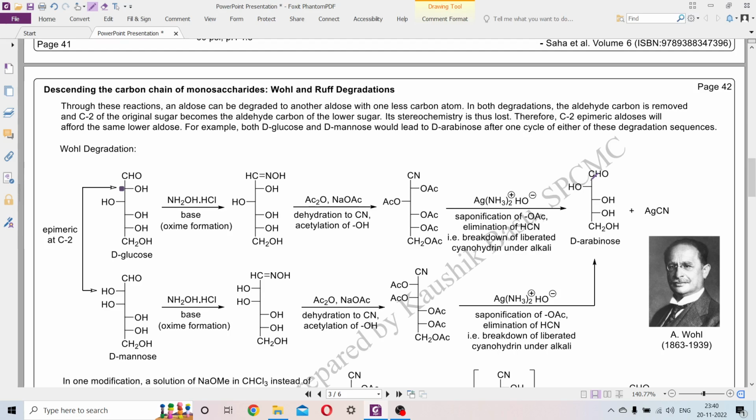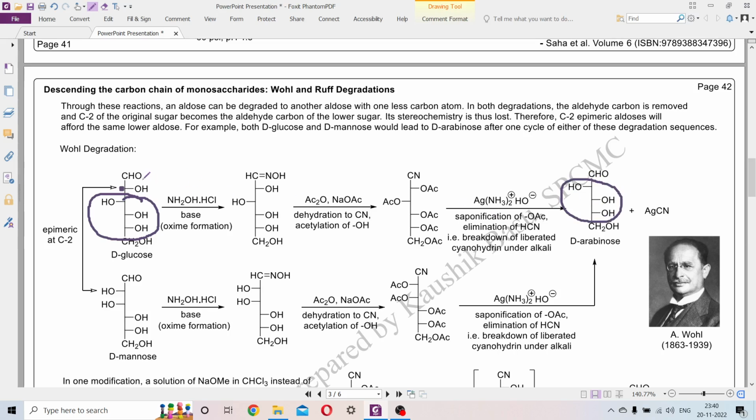So that means that from C2 onwards, in case of any aldohexose, any stereochemistry or configuration that you have here is preserved, and that also means that the stereochemistry of these three carbons in an aldohexose will be replicated in these three carbons in the product aldopentose.